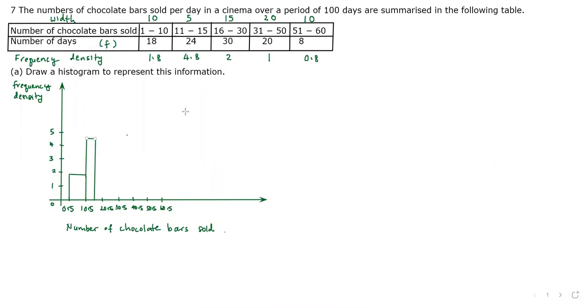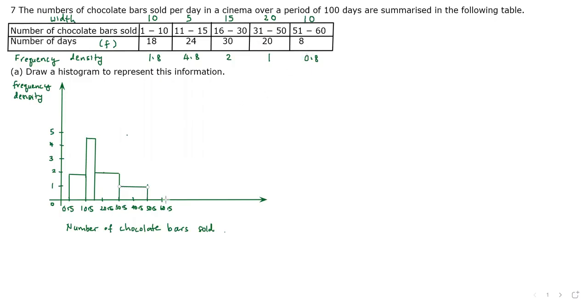The third class has a height of 2, and then you have until 30.5, which is this part here with a height of 2. And then the fourth class is from 30.5 until 50.5 with a height of 1.